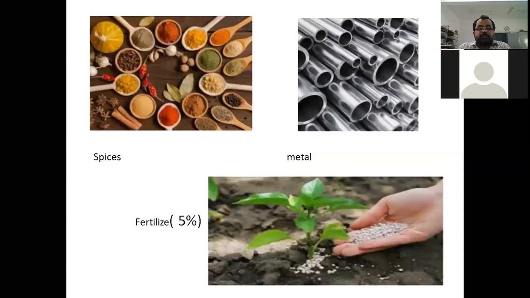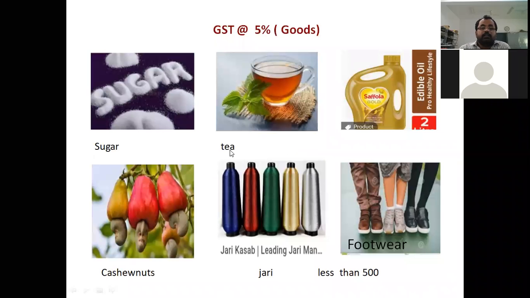Spices, metal, fertilizers, then sugar, tea, edible oil, cashew nuts, jari, footwear. A very important thing here: footwear costing less than rupees 500 comes under 5% GST. These are all the products that come under the 5% rate of GST.